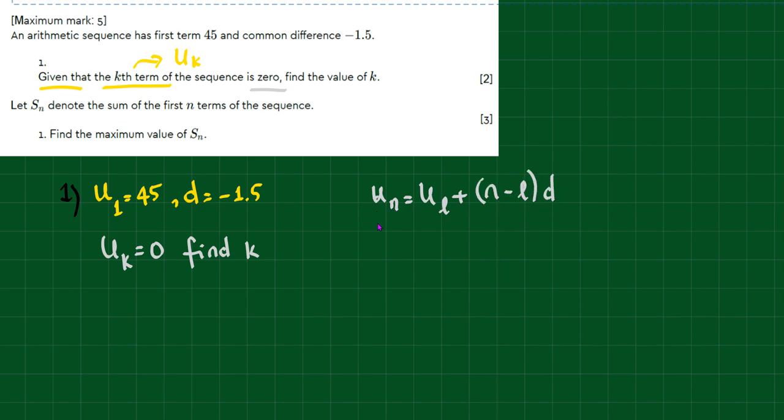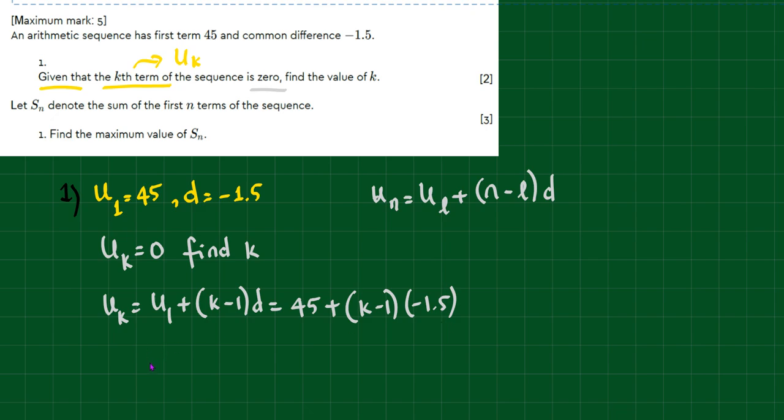If we want to find any term, we can just let it be the subject. So Uk equal to U1 plus (k minus 1) times d, which is 45 plus (k minus 1) times negative 1.5.